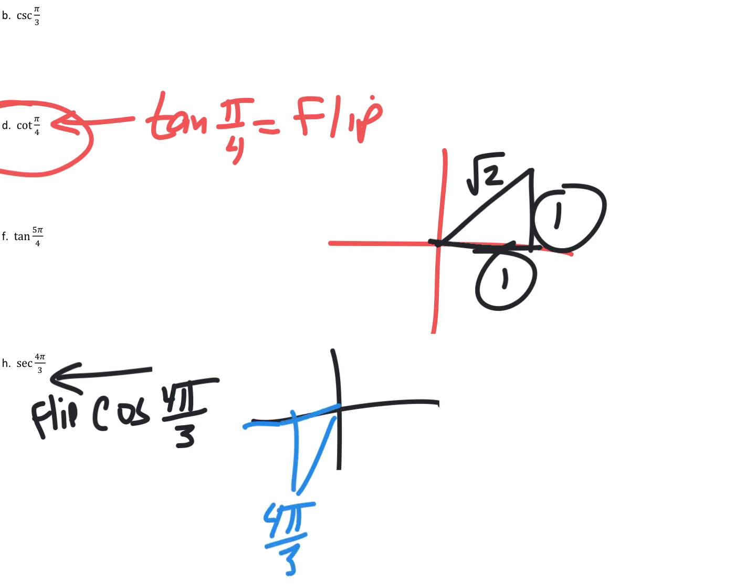Draw my triangle. That's a 60. I know that one. 1, 2, square root of 3. Don't forget the most common mistake in circle trig, negatives. There's your little drawing for letter H. And once you've found the cosine of it, remember you're going to want to flip it at the end.